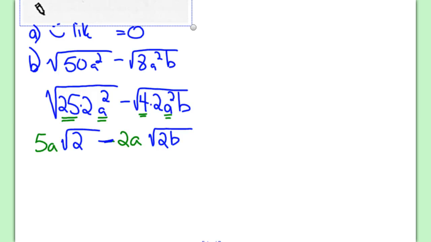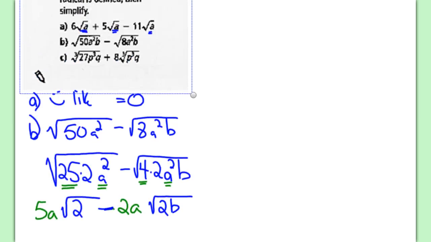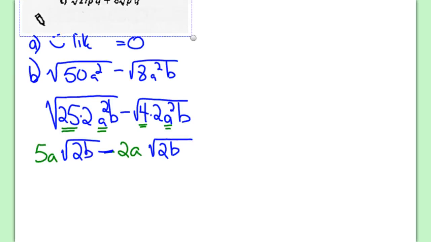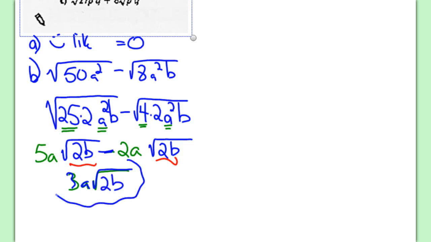Therefore, these two, was I supposed to have a b in this one too? I was. No wonder they were different. Okay, so there's still a b right there. So now I have 5a square root 2b minus 2a square root 2b. That's the radicand. So therefore, 5 minus 2, I end up with 3a square root 2b. And that would be our answer.